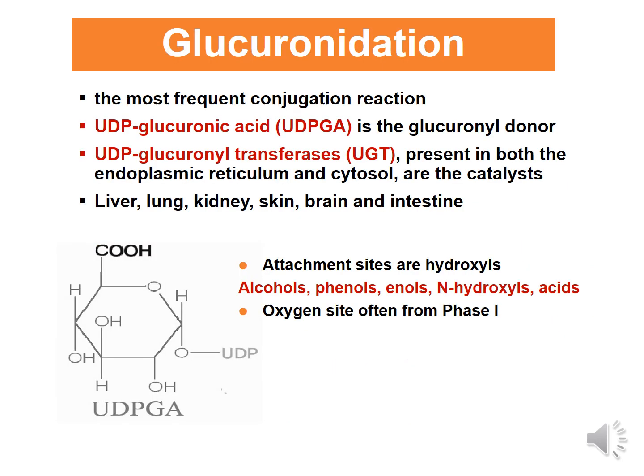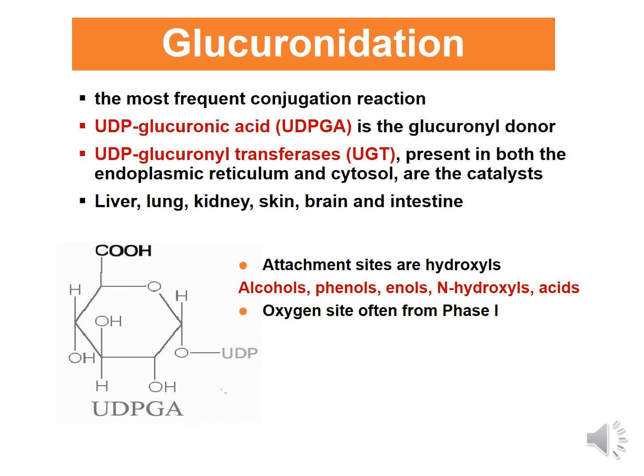The most frequent conjugation reaction is glucuronidation. This requires uridine diphosphoglucuronic acid as the glucuronyl donor. The enzyme that catalyzes this reaction is UDP-glucuronyl transferase. This enzyme is present in both the endoplasmic reticulum and cytosol.